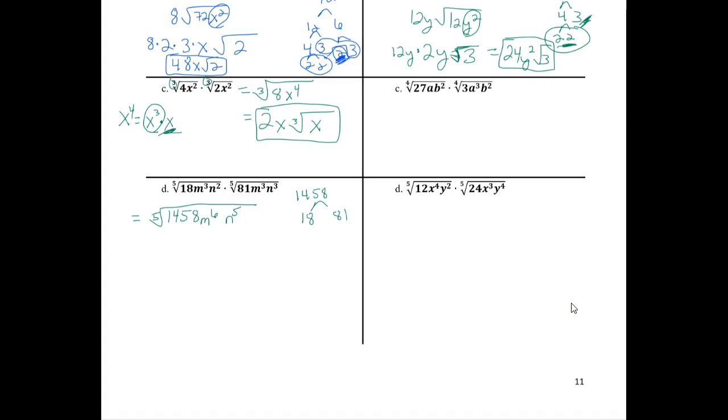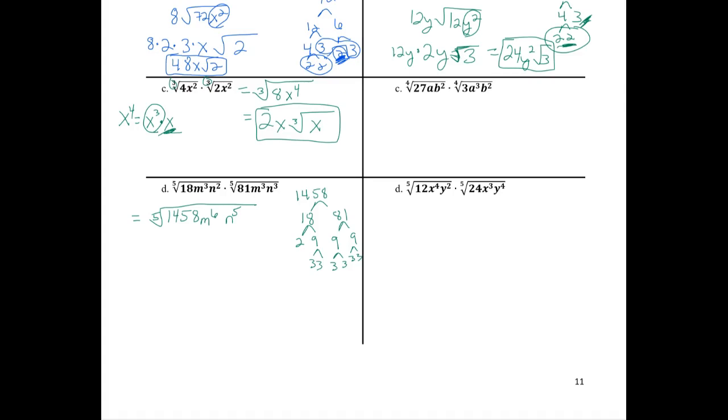Sometimes we have the urge to stop there because 81 is a perfect square, but keep in mind, we're not just working with square roots. This is a fifth root. You need to keep factoring. So 81 is 9 times 9. 9 is 3 times 3. And then with the 18, 18 is 2 times 9. And 9 is 3 times 3 again.